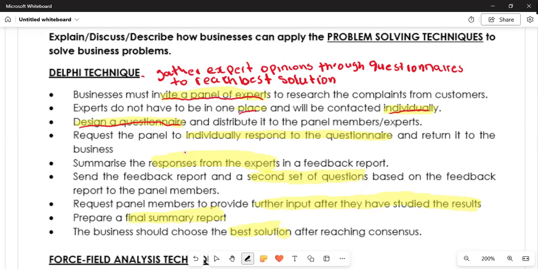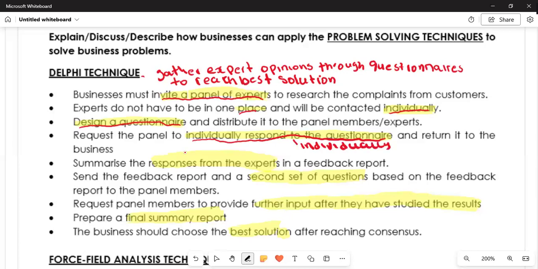Request the panel to individually respond to the questionnaire and return it to the business. That is that. Experts must respond individually.